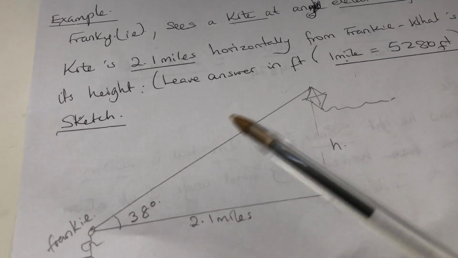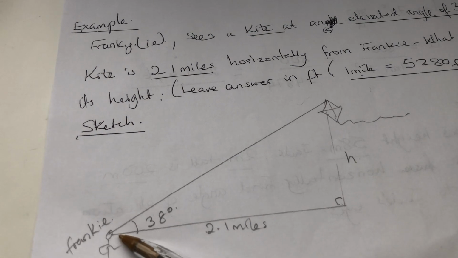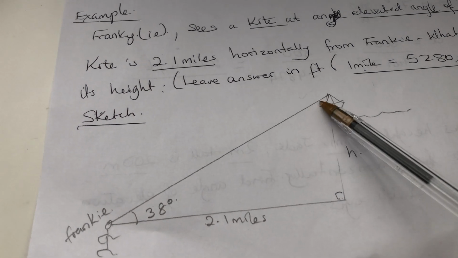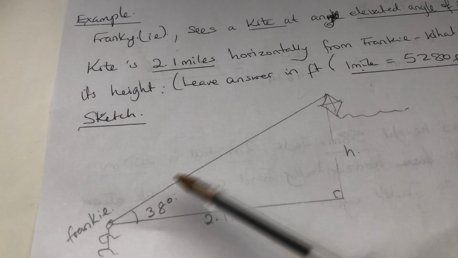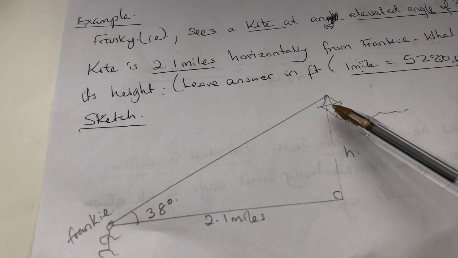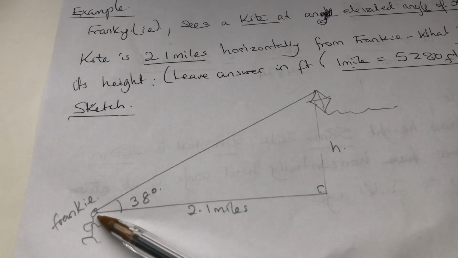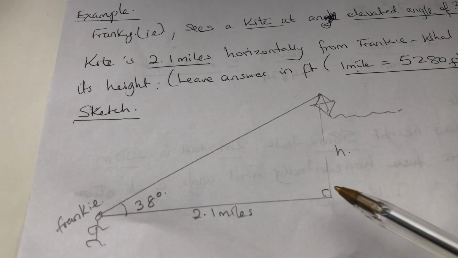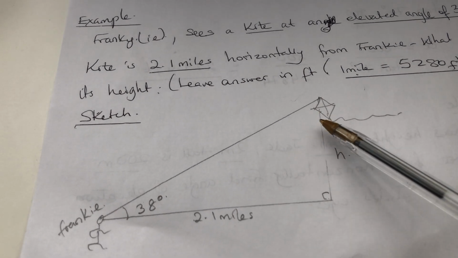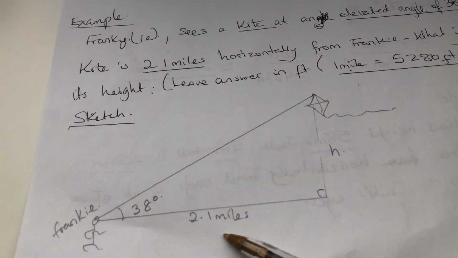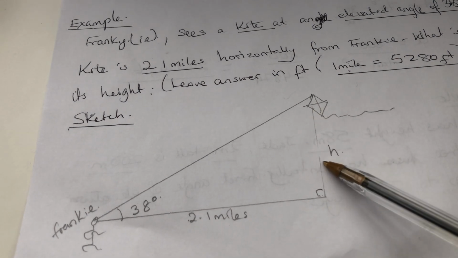So my sketch, that is Frankie, and we are finding the angle of elevation to the kite. When she lifts her eyes, she can see the kite at 38 degrees. Her distance, if you measure perpendicularly from the ground to the kite, is 2.1 miles. So we want this height.